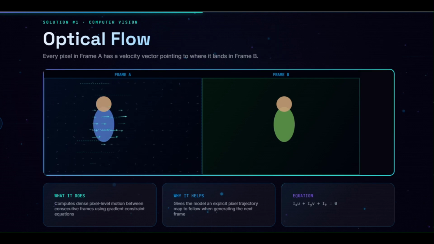Ix and Iy represent spatial image gradients. It represents change across time, and U and V represent pixel velocity. By solving this equation for millions of pixels, we obtain a motion field describing how the entire image is moving. Instead of asking the AI to guess motion, we explicitly tell it how things are moving. That dramatically improves stability.